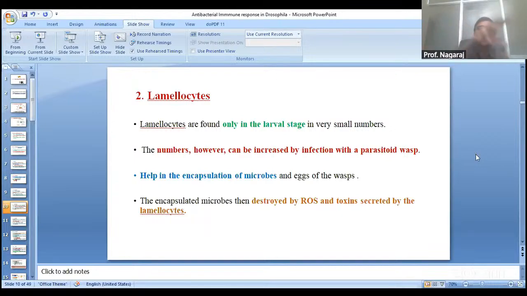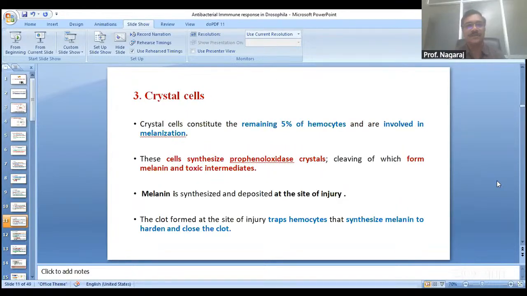They completely cover the wasp, form an encapsulation, and kill them. Then they are destroyed by reactive oxygen species, which are also a response of the immune system of the fly and kill these pathogens.